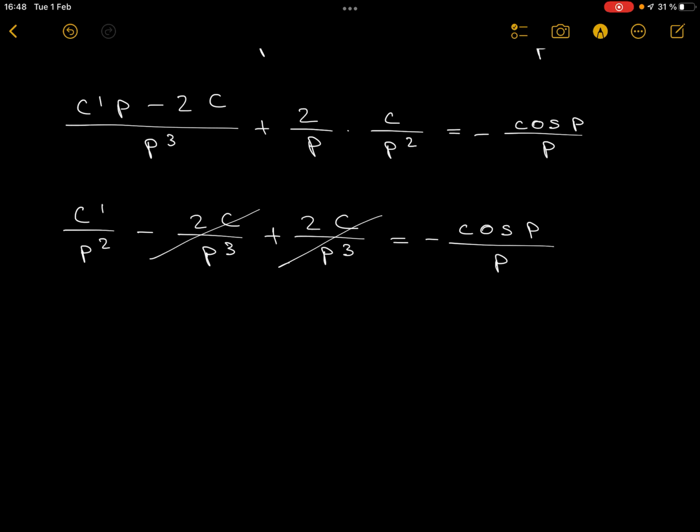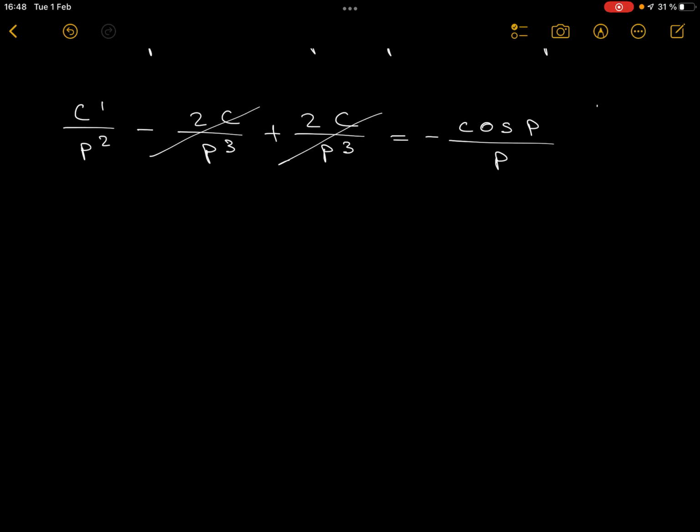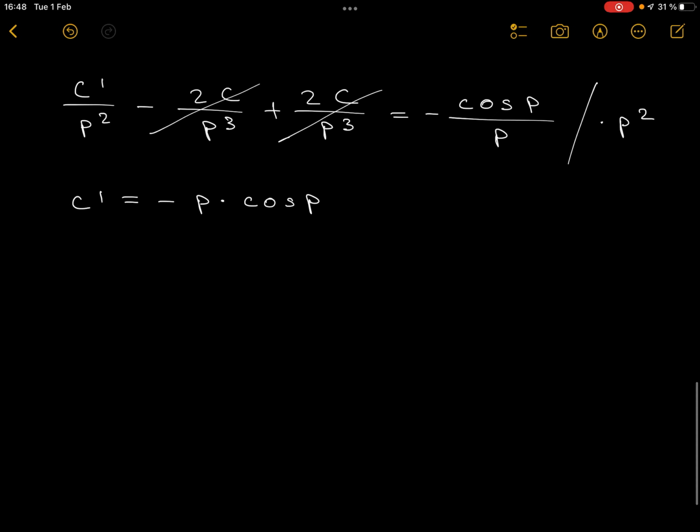So these two very nicely cancel out. And we can, of course, multiply everything by p squared. And then we'll get that c prime is equal to negative p times cosine p.